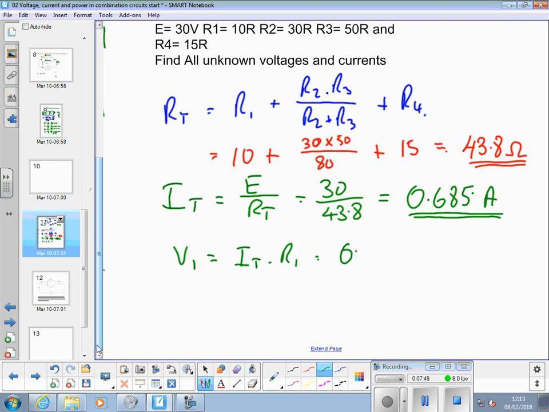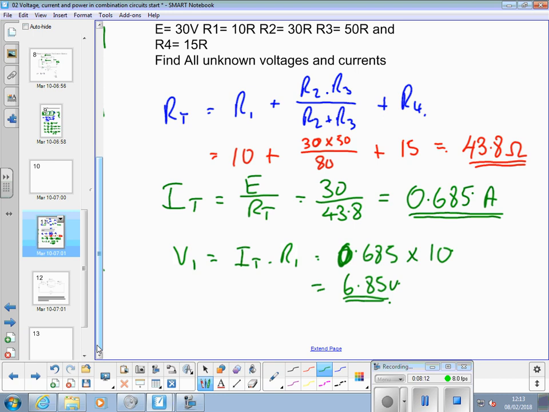That's 0.685 times 10, which is 6.85 volts.